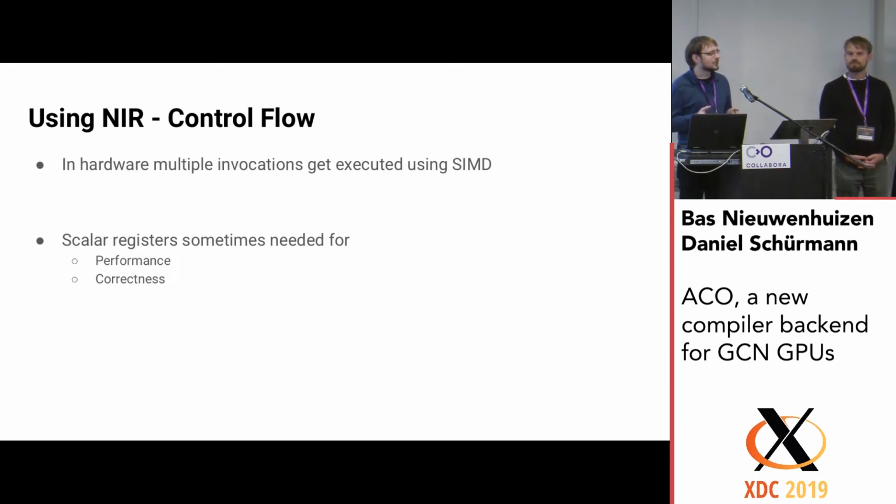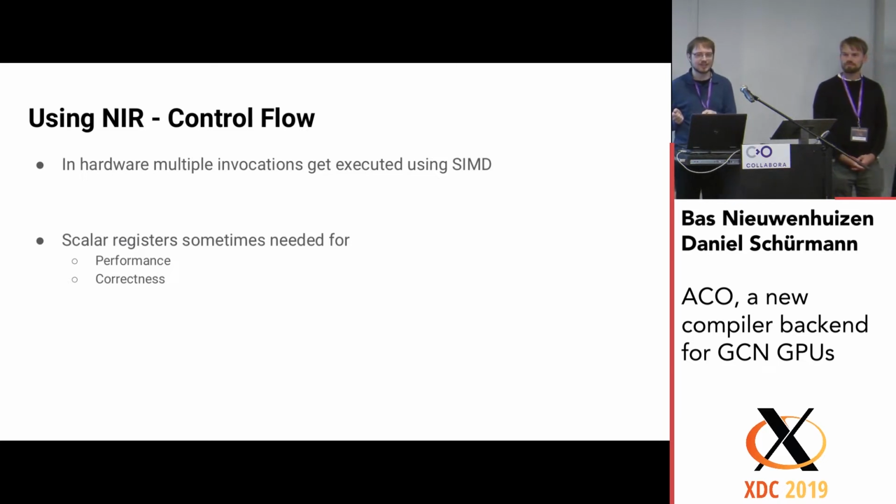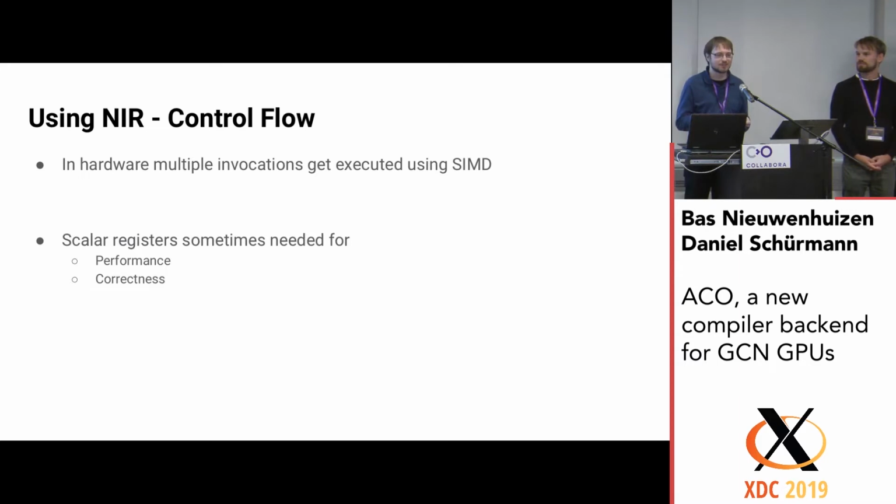But sometimes all my values are the same in all my lanes, or all my program invocations in this case. So I can decide not to use a vector register but a scalar register and do the instruction on one lane. And it turns out sometimes that's much faster. Sometimes it's even required by the instruction set because there's no way to do it with vector instructions.